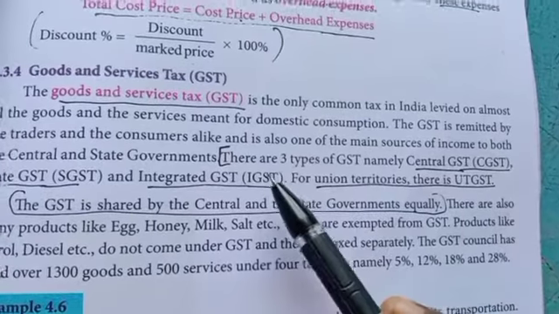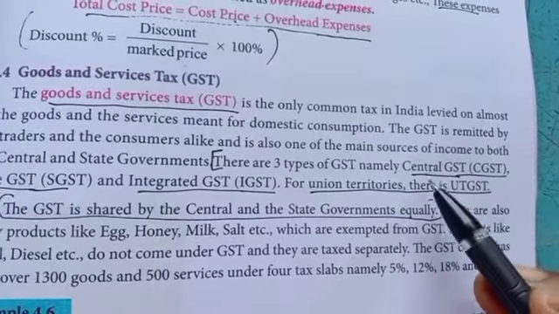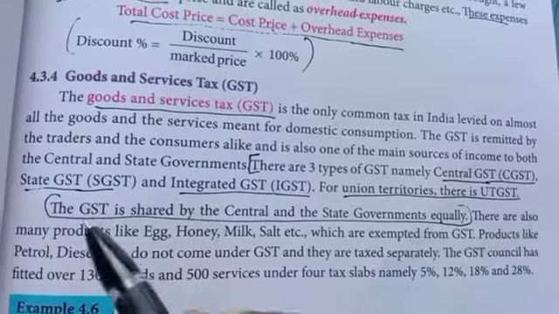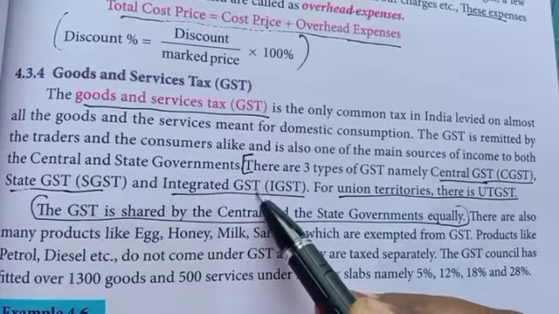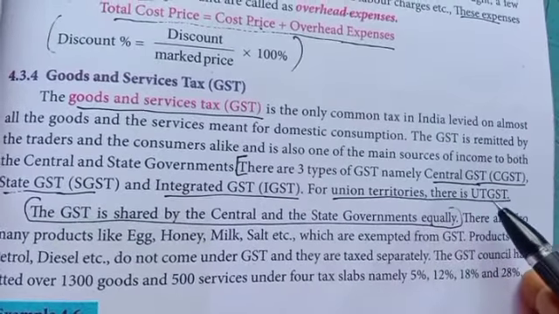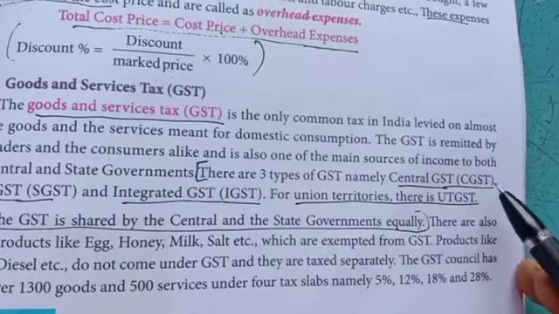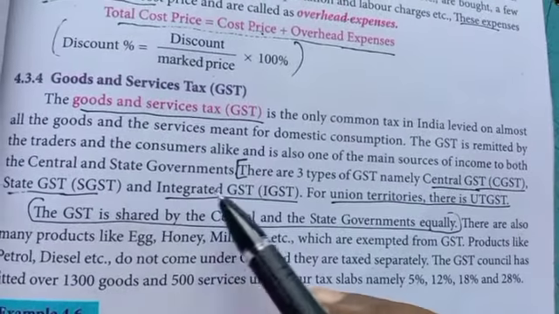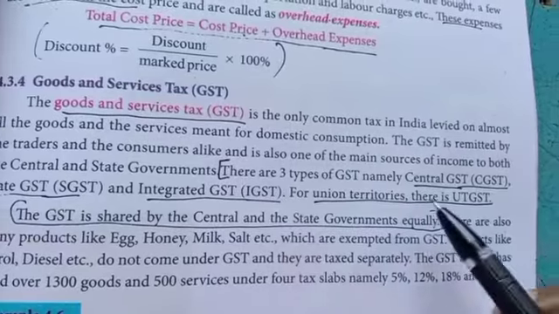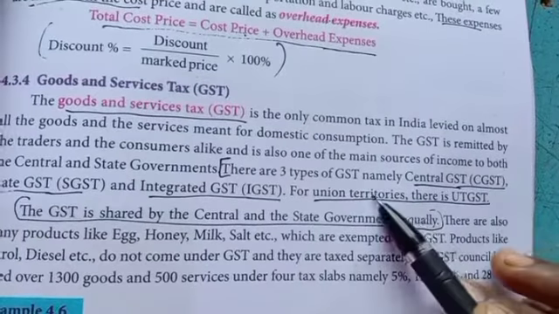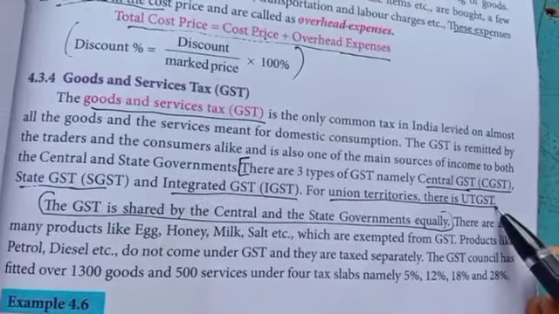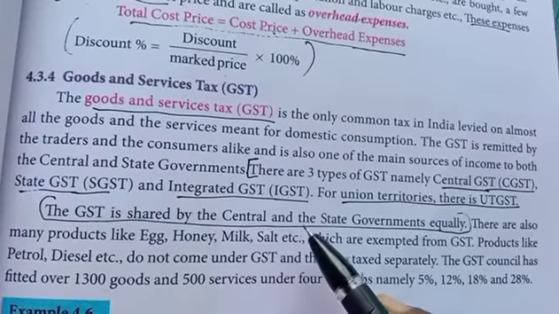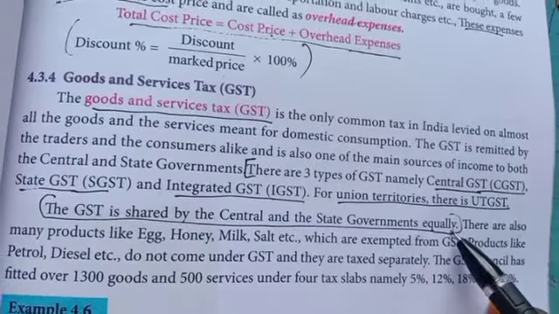There are types of GST: central GST, state GST, integrated GST, and union territories GST, that is CGST, SGST, IGST and UTGST. The GST is shared by the central and state governments equally.